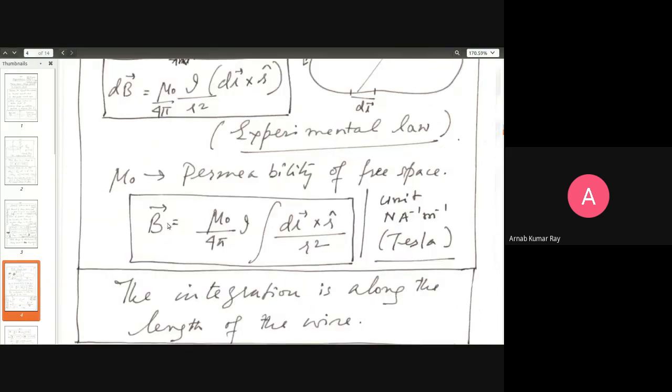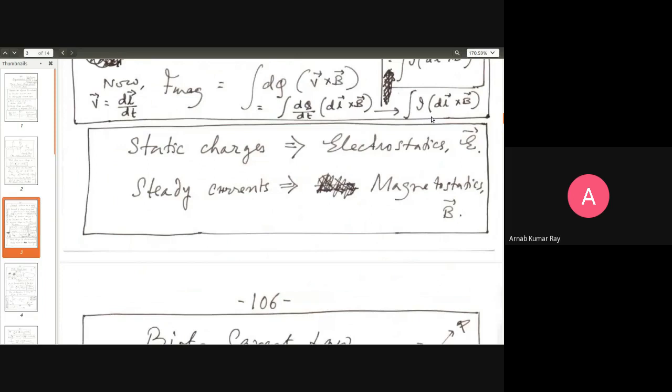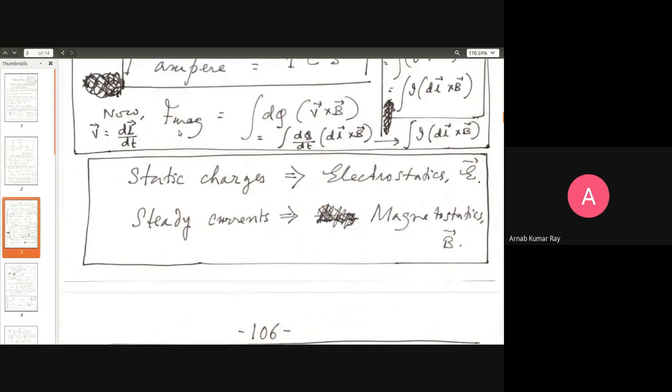The SI unit of magnetic field is Tesla. Otherwise, you can see it also as Newton per ampere per meter. Where is this Newton per ampere per meter coming from? You can see that force is equal to I into dl into B. Force has the unit of Newton.